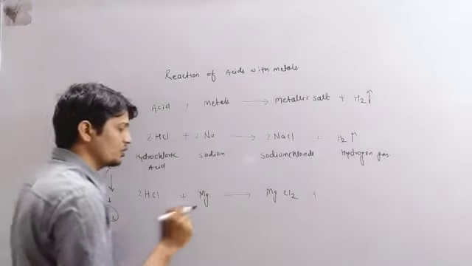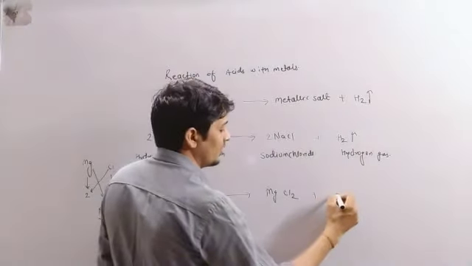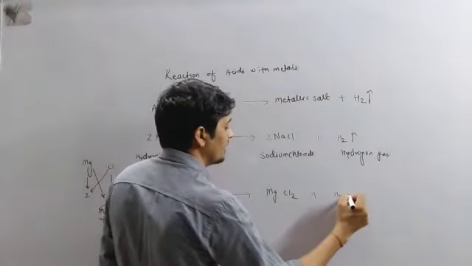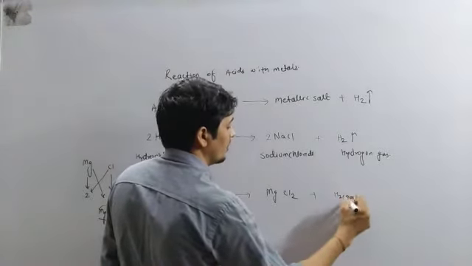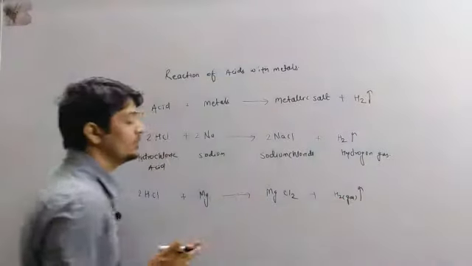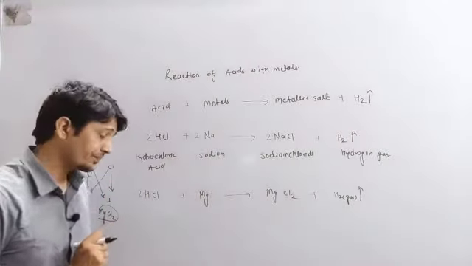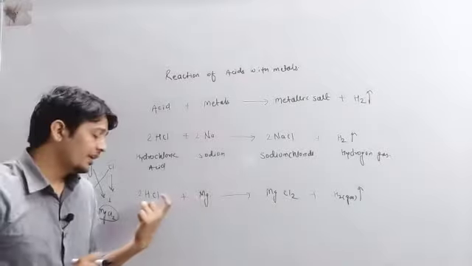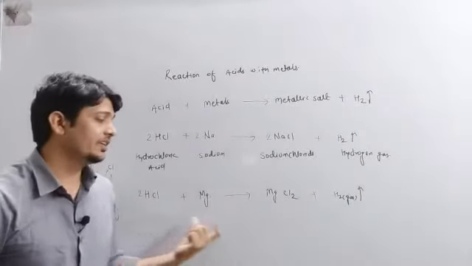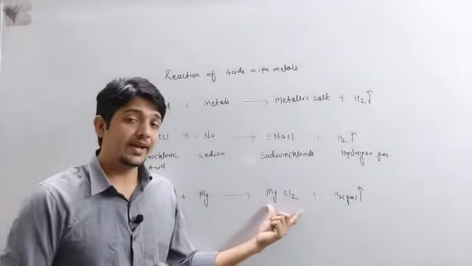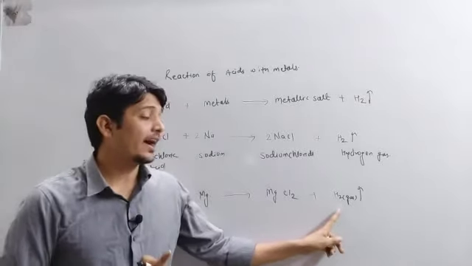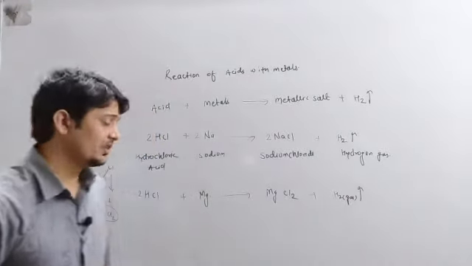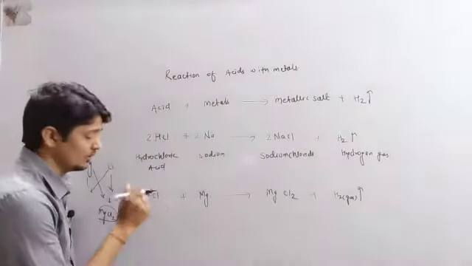So we have 2 hydrogen atoms, and 2 hydrogen atoms will form hydrogen gas. Okay, so hydrogen gas is released in the surroundings. So we can conclude that when magnesium metal reacts with hydrochloric acid, it gives magnesium chloride as a salt and hydrogen gas is released.